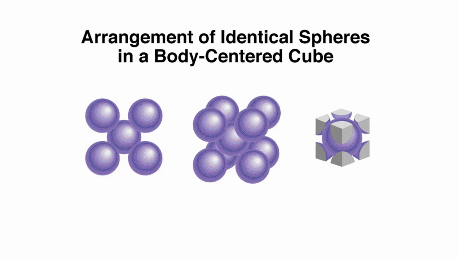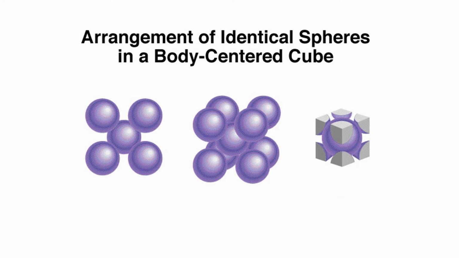The next one is called the body-centered cubic cell. And if we look at the center representation here, you see we have the 8 corner atoms that we had in the simple cubic cell, but there's been added an atom in the center of that body-centered cubic cell.